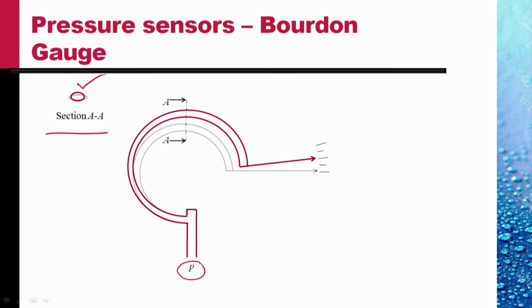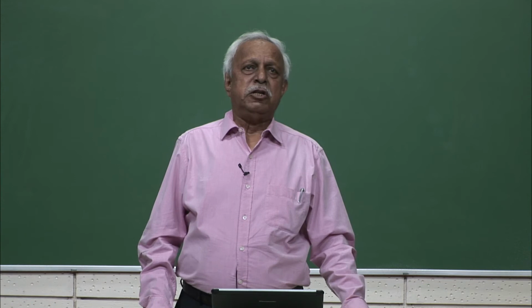And as it expands out, the pointer attached at the end moves on a scale, and this gives a reading of the pressure. This is the basic principle of a Bourdon gauge, one of the most commonly used pressure measuring equipment.